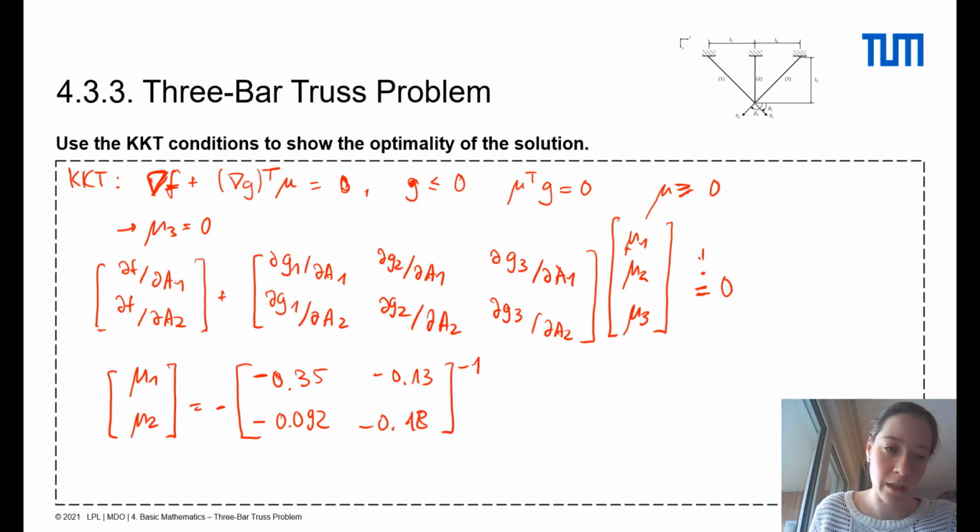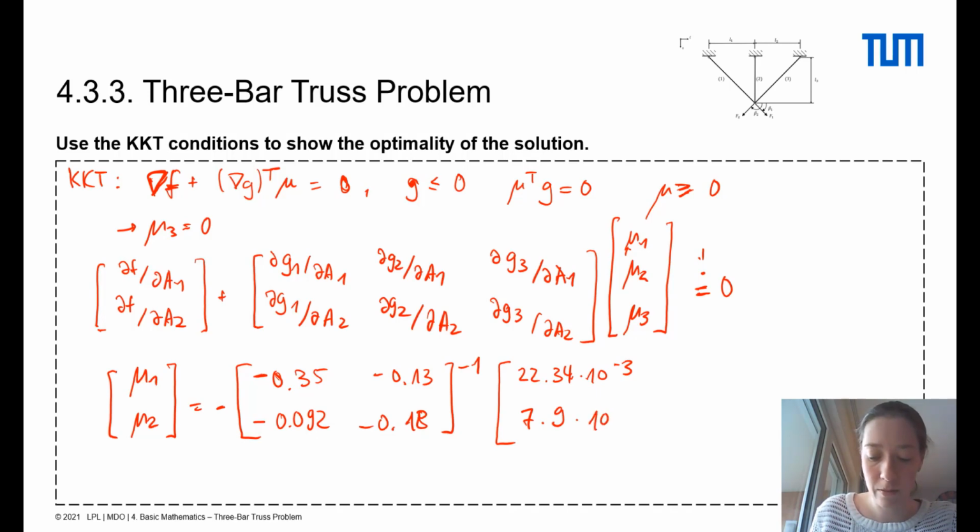And we have to compute the inverse of this times the gradients of f. That's what we computed in the first task, and also for A2.